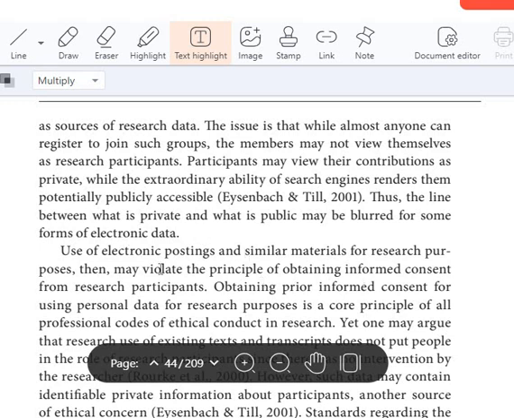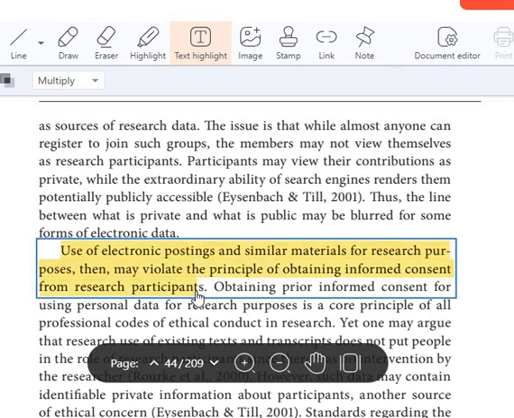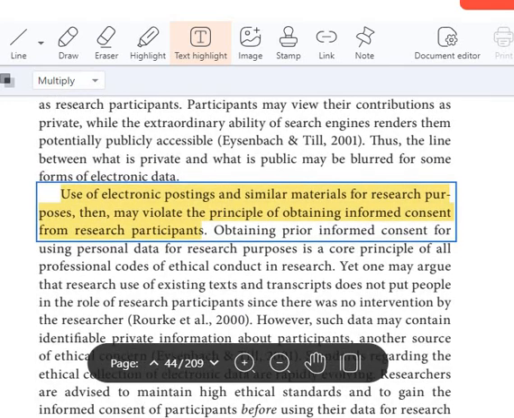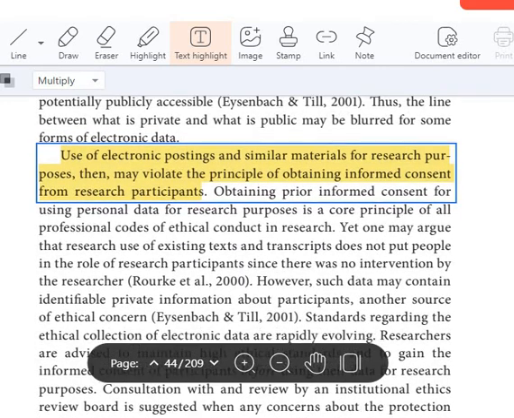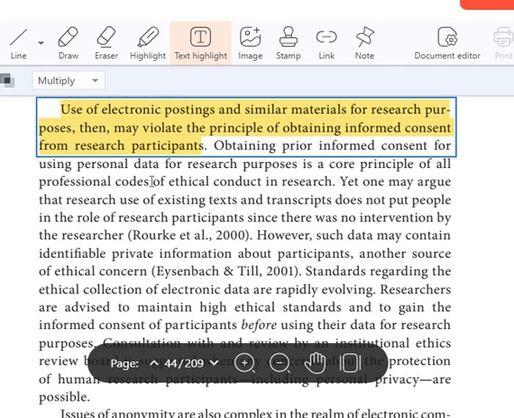Use of electronic postings and similar materials for research purposes may violate the principle of obtaining informed consent from research participants. Why is it important to have such prior consent? Because using personal data for research purposes is a core principle of all professional codes of ethical conduct and research.